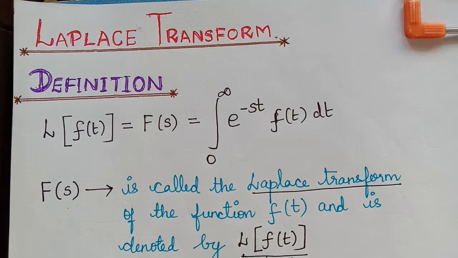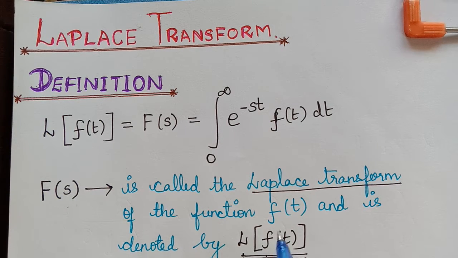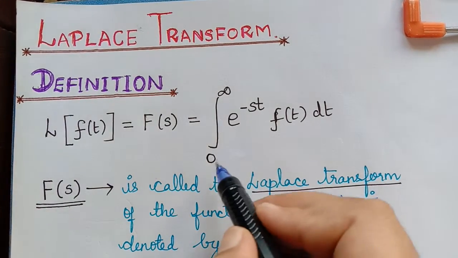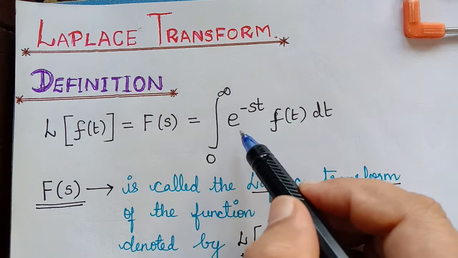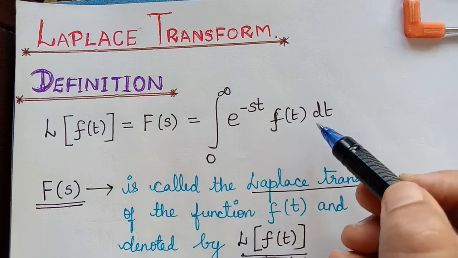So this is the representation for Laplace transform. When the function f of t is transformed, it is transformed into a new function capital F of s, which is given by the integral from 0 to infinity of e to the power negative st f of t dt.